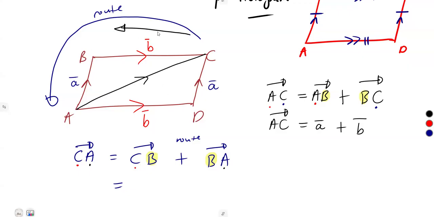So that becomes a negative whenever it opposes. So it will be negative vector B. That's where you indicate the sign, not here. You indicate the sign on the vector that is representing the route that you took, C to B. So it will be negative B.